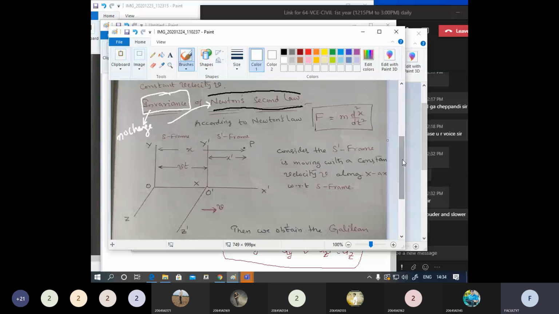Then there is no variation, and that we have to prove. For that, let us refer to the conclusion part here. We need to prove that there is no change in Newton's second law.